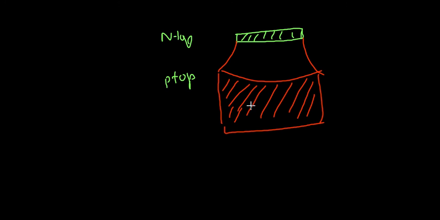Now the interesting part appears. This is a p-type. Basically the semiconductors are doped with some impurities, thereby in an n-type semiconductor, the dominant charge carriers are electrons, and in a p-type semiconductor, the dominant charge carriers are holes.